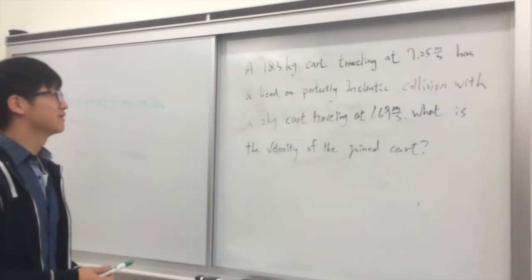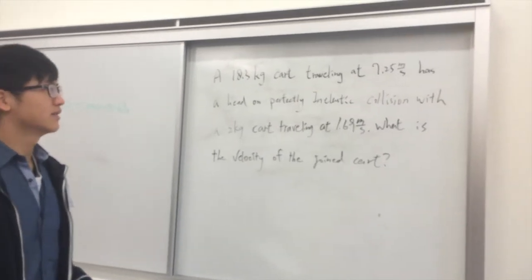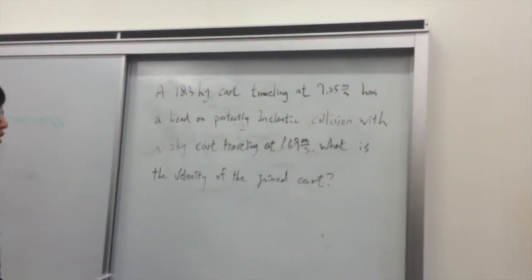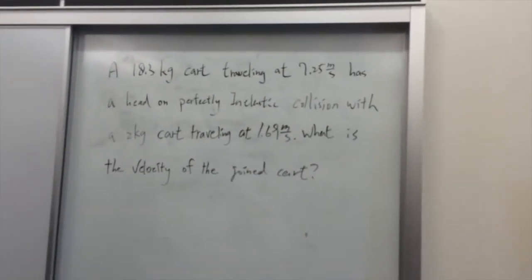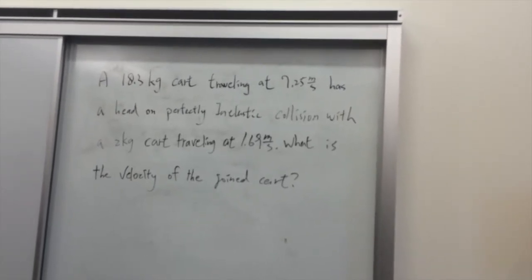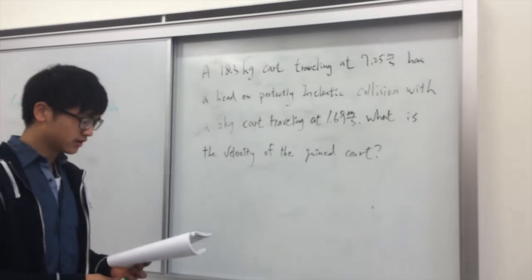An 18.3 kg car traveling at 7.25 meters per second has a head-on perfectly inelastic collision with a 2 kg car traveling at 1.69 meters per second. What is the velocity of the joint car?